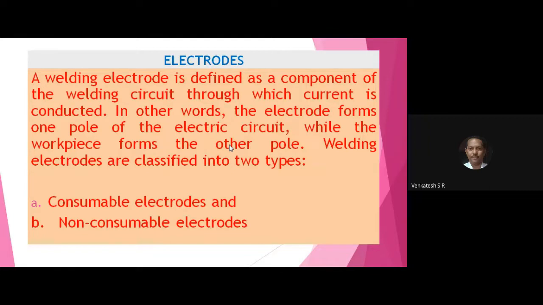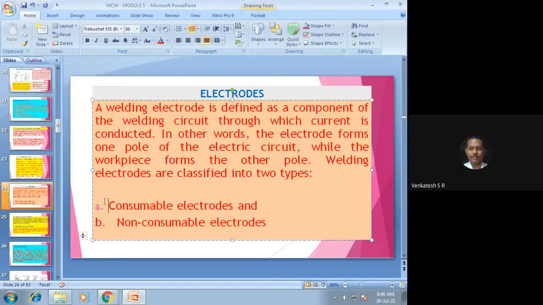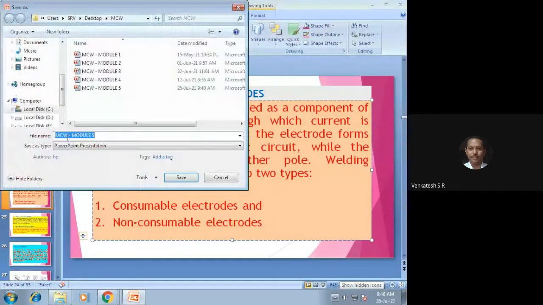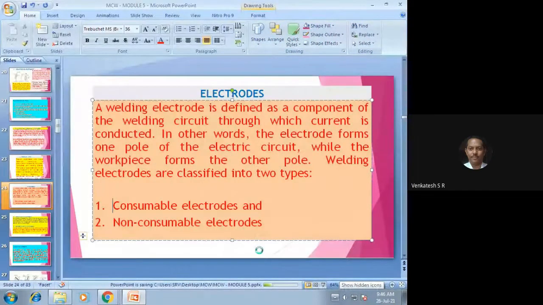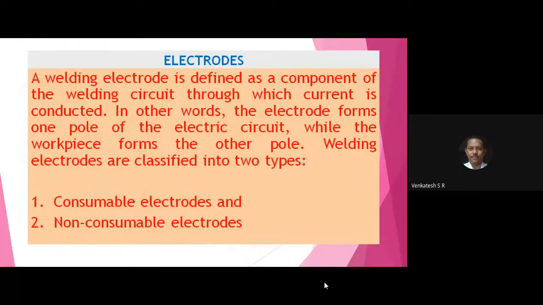Write down a few points. Definition of electrode. A welding electrode is defined as a component of the welding circuit through which current is conducted.